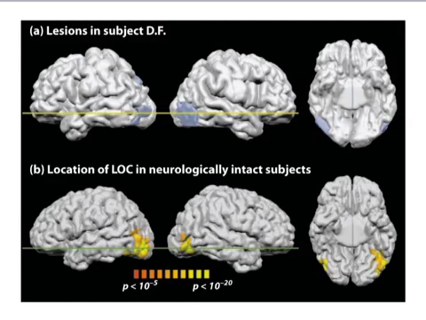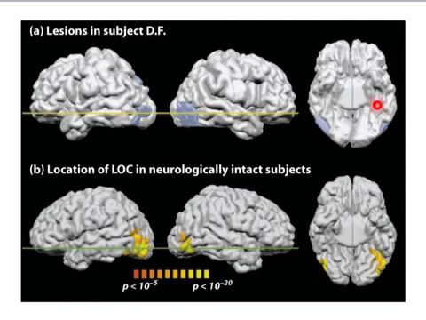And so clearly there were impairments in the what area here. So this is a ventral pathway, and yet the dorsal pathway for her seemed to be intact.